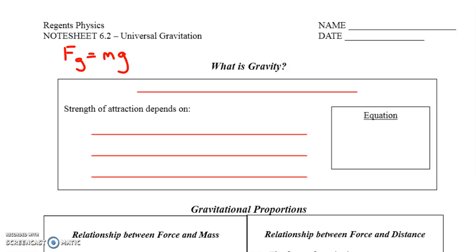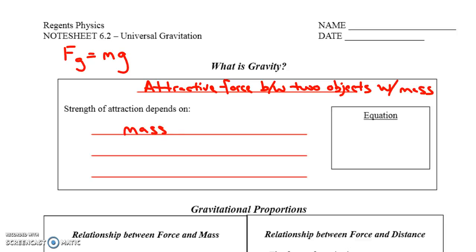So we know that it's an attractive force between two objects with mass. It's important to add on there. And the strength of the attraction definitely depends on the mass of both objects.